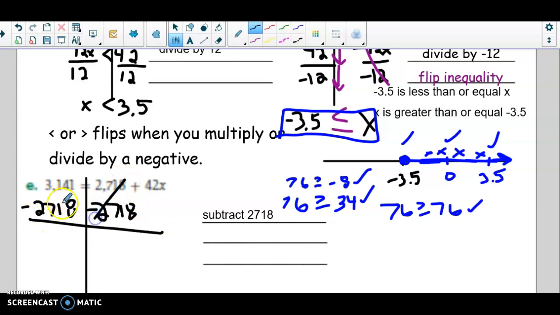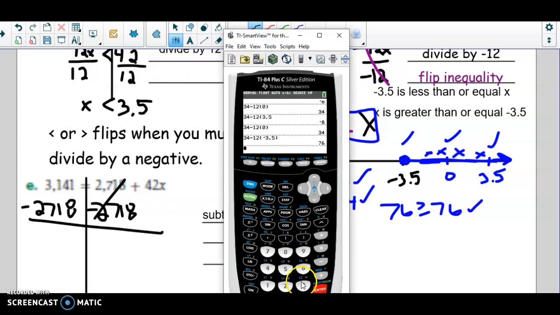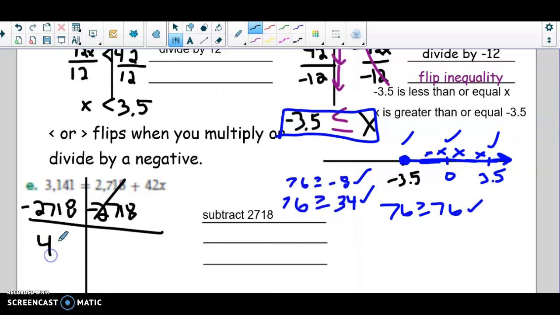And we just subtract them out, and we get 3141 minus 2718, and we get 423. So 423 is equal to 42x, or 42 multiplied by x.